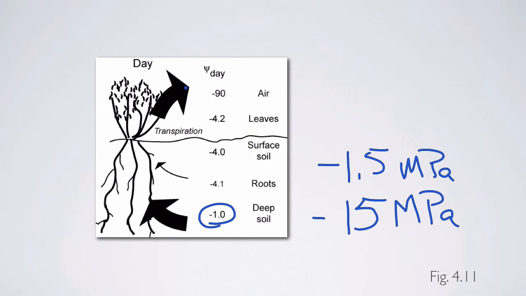And during the day, when the air is hot and dry, the potential of the water in the air might be -90 megapascals. So you have this huge difference in tension between water in the soil and water in the air. If you have a continuous rope of water from the soil to the plant and then to the atmosphere, you have a lot of tension pulling on that rope.